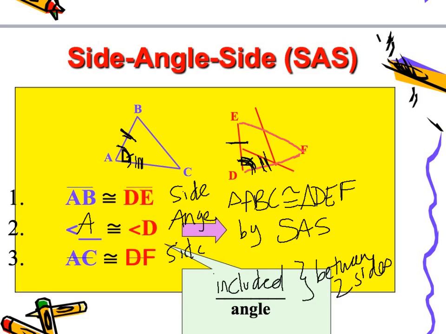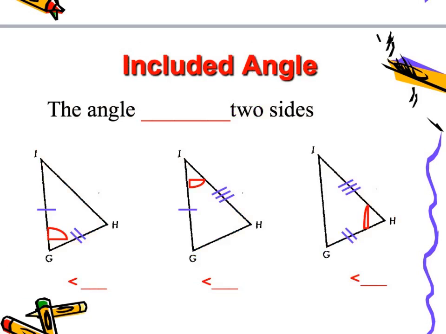We're going to take a look again at what included means, because this can be tricky. The included angle is the angle between 2 sides. In the first example on the left here, what angle is between the 2 sides marked in blue? Hopefully you recognize that it's G. So angle G is our included angle. In the middle here, which angle is our included angle?